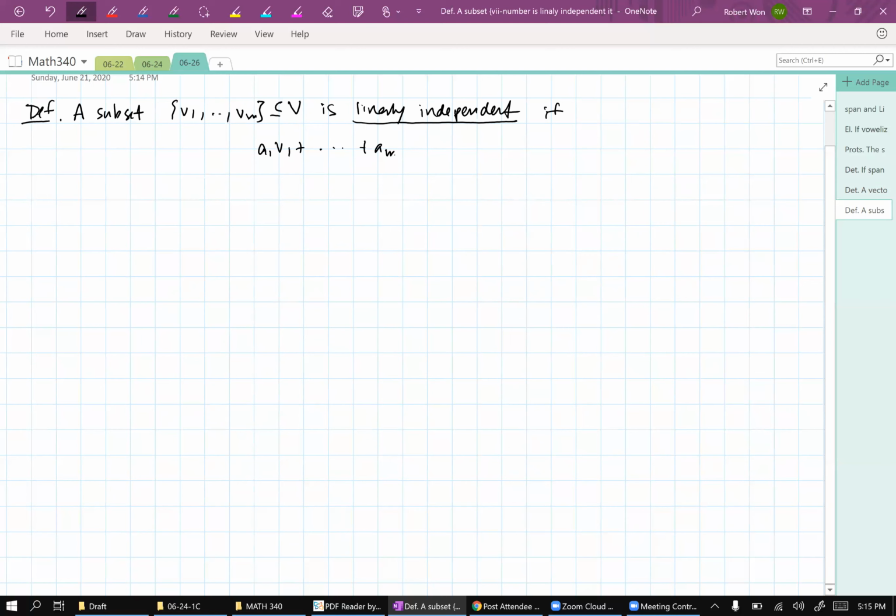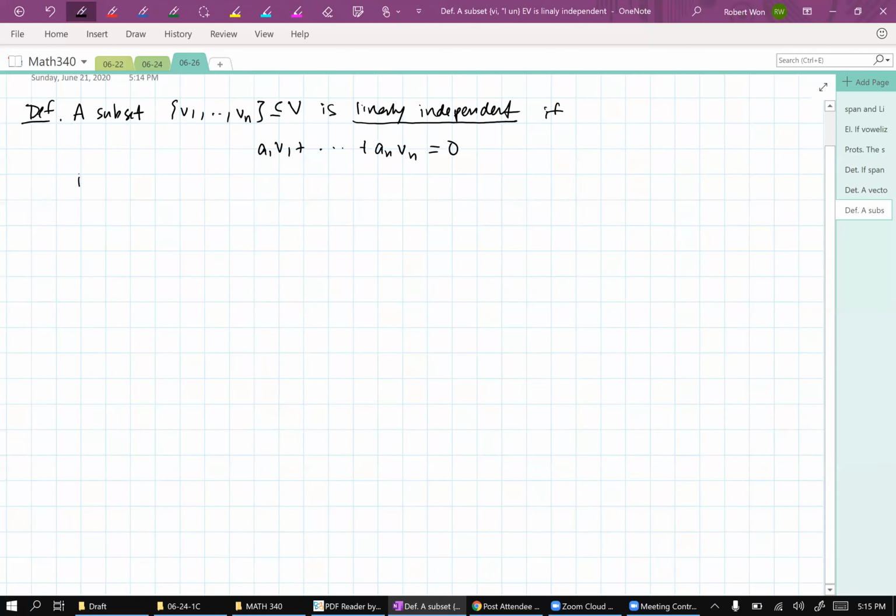If you have a linear combination, in my notes I've used the letter m here, which equals 0, then it must be the case that all of your scalars were 0.